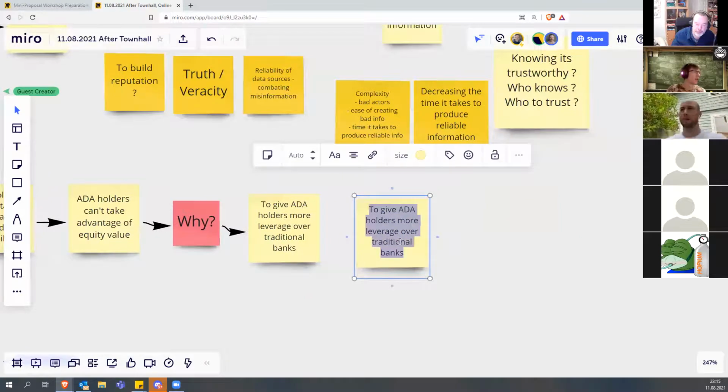Okay. And now if you change the last wording into a problem statement: ADA holders don't have leverage over traditional banks. I would say yes. What, the traditional banks have leverage over us?